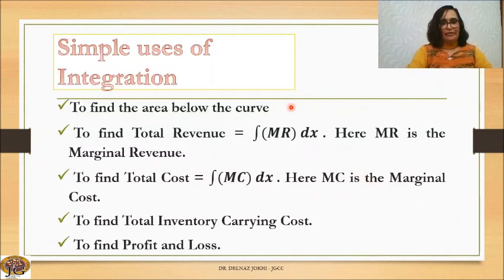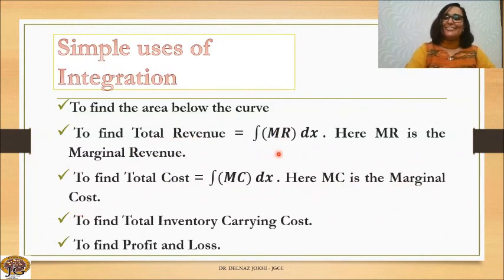I think you know that very well. Then I told you, and we also saw, that integration helps you to find out total revenue and total cost. How? Provided the MR, the marginal revenue, is given to you, and MC, that is the marginal cost function, is given to you.